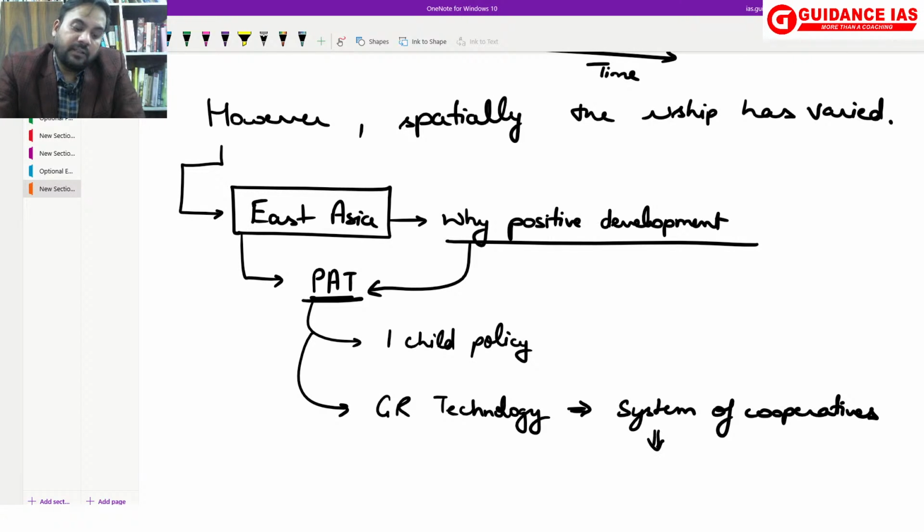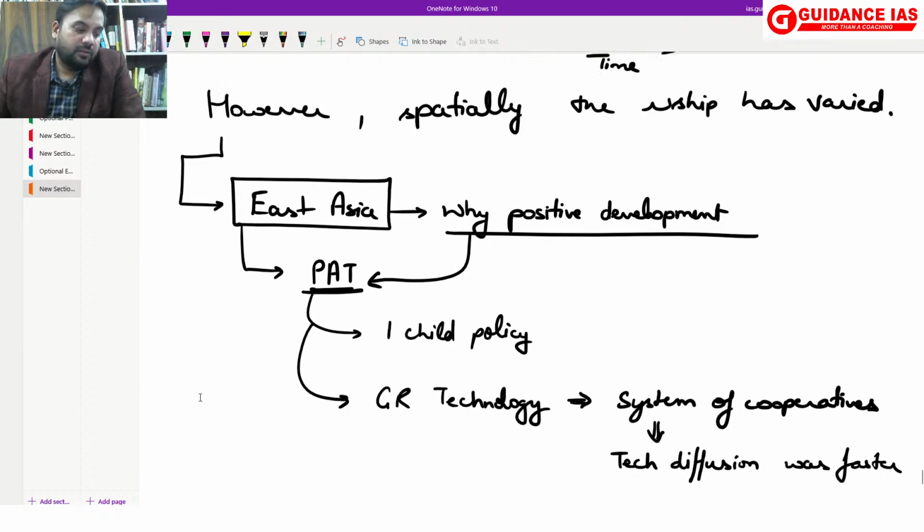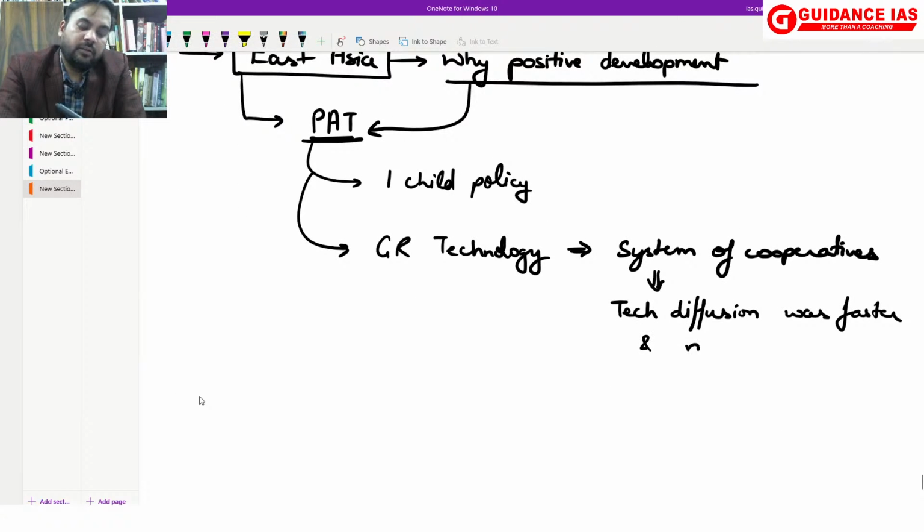So because of that, technological diffusion was faster and more, or you always write comparatively, more even.